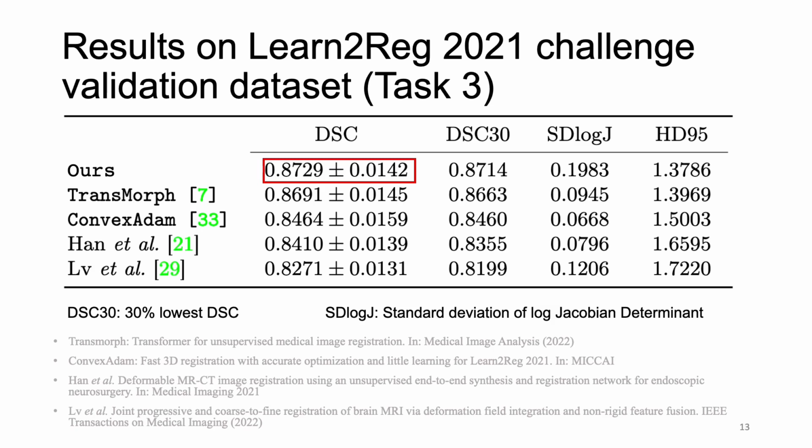In addition, the standard deviation of the log Jacobian determinant is reported to measure the smoothness of the transformation. This result also shows that with only a UNet encoder, M2Grid achieved top performance against recently published traditional methods and deep learning methods with much more complicated structures.